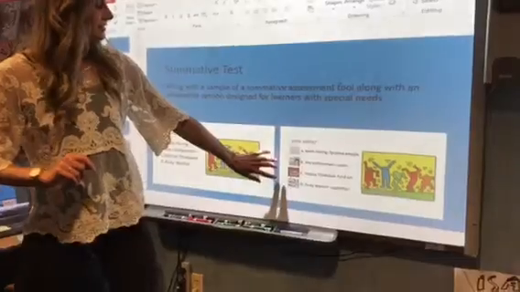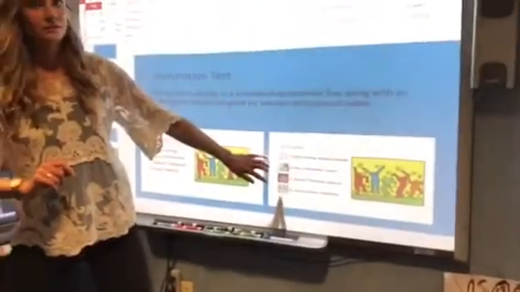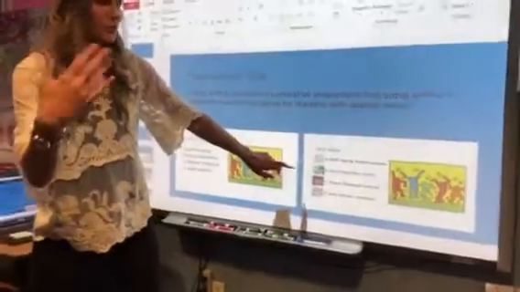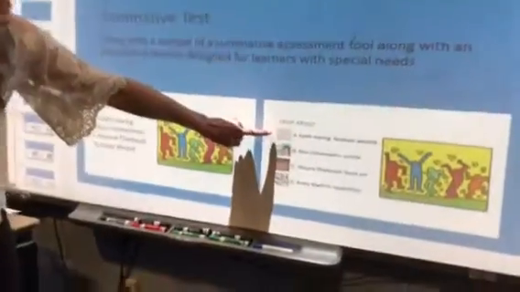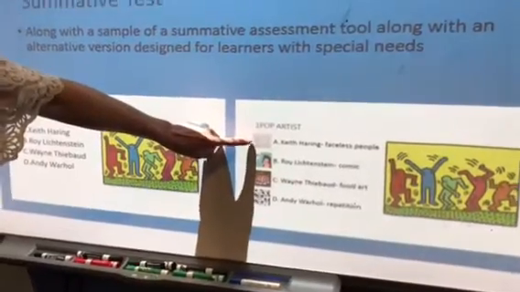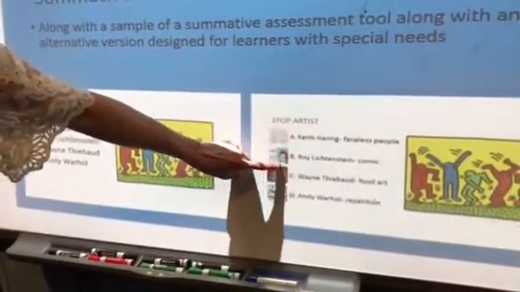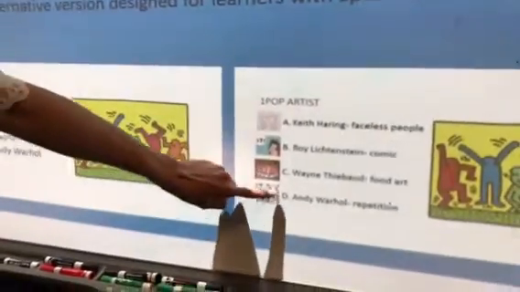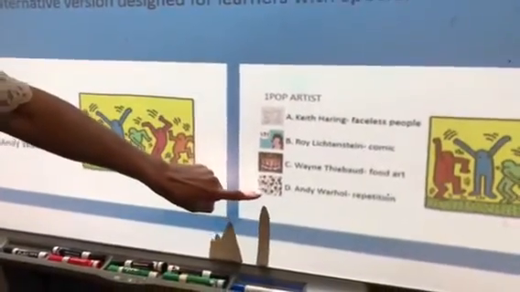This one is an accommodation for special needs. So this up here, zoom in a little bit, this gives them a little bit of a picture clue. So this is a faceless person. This is a comic character. This is a picture of a cake. This is a picture of Mickey Mouse being repeated.